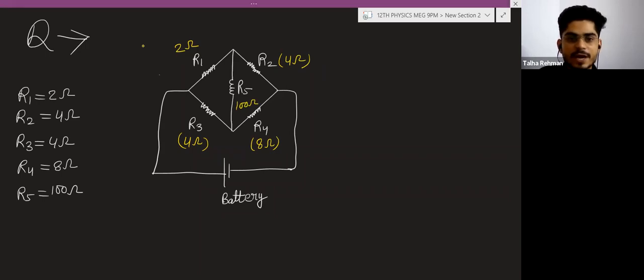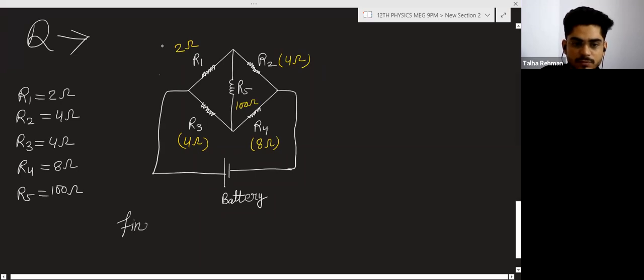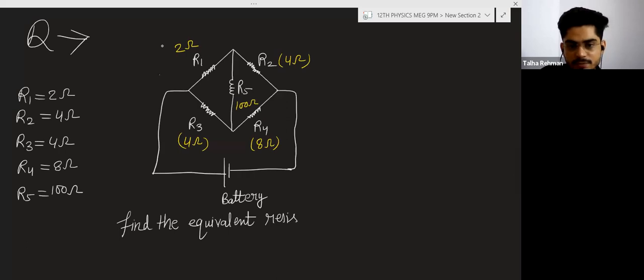And we have to find the equivalent resistance of the given circuit.